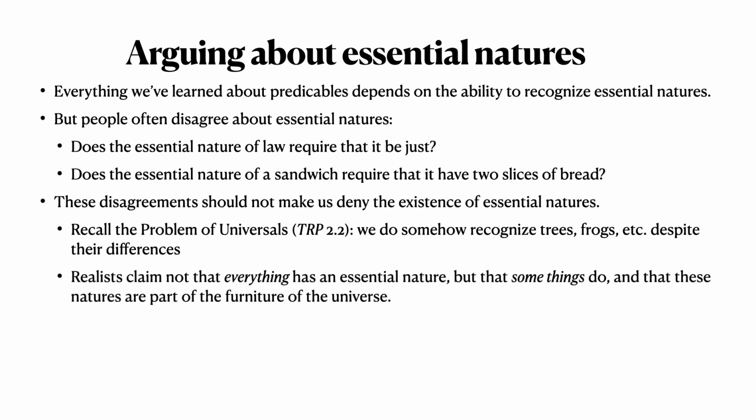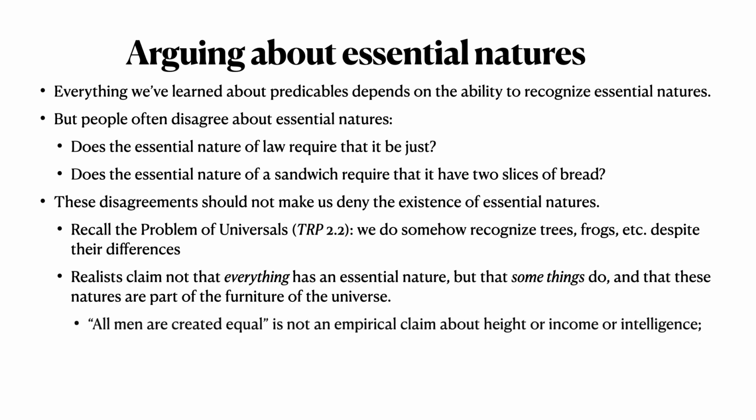Now, the realists, as opposed to the nominalists, don't have to claim that everything has an essential nature, right? I'm not committed to the claim that everything that smells worse than a dead yak has an essence, right? But I am committed to the claim that some things have essential natures, and that these essential natures are not of our making, that they are somehow part of the furniture of the universe.